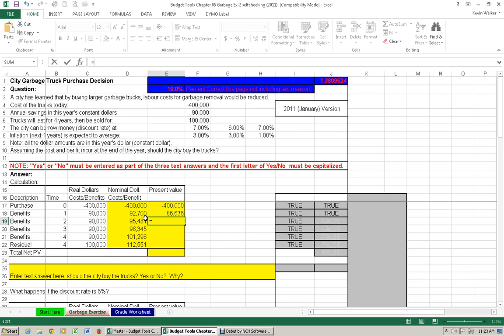Now we want to know this number. Remember, everything over here is calculated from the preceding column. So it's this number, D19. We want to divide that, again, more than one way to do the math, by 1 plus the discount rate. And then we're going to raise that to the power of whatever the year is. In this case, it's year 2, which is in cell B19.